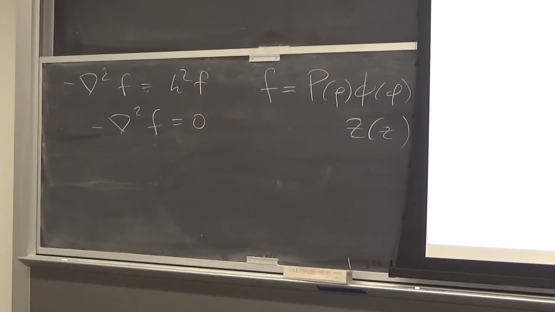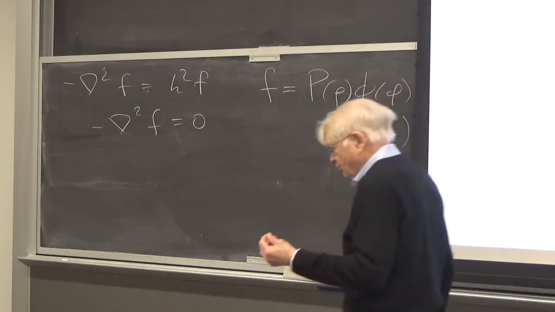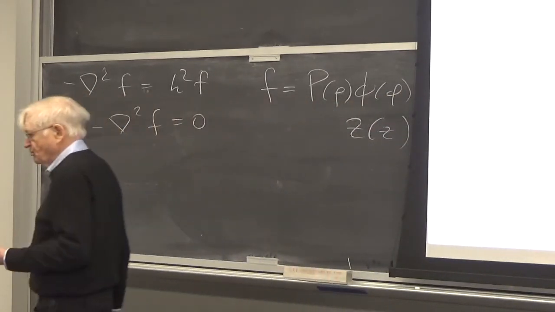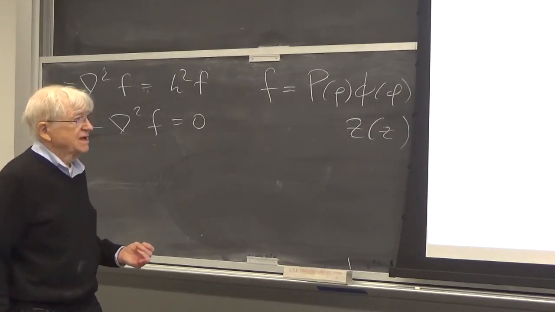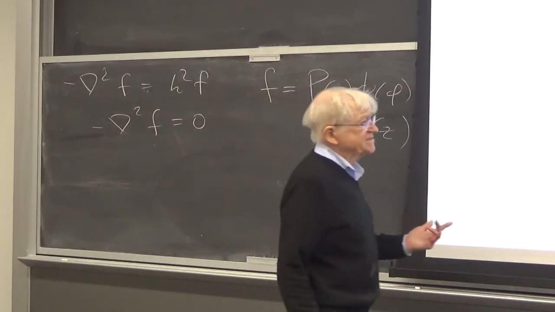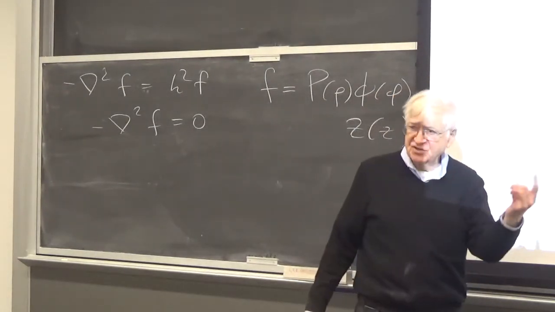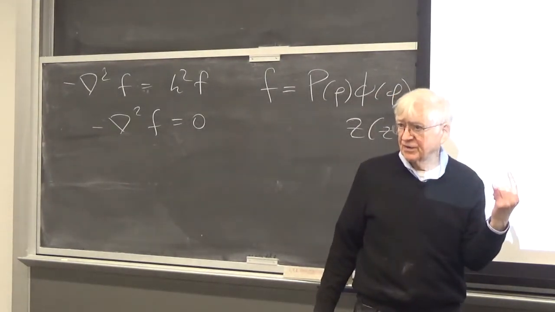Now here, the question is: is the whole interval from 0 to 2 pi physical? If it is, then m has to be an integer, because the function phi has to be single valued.